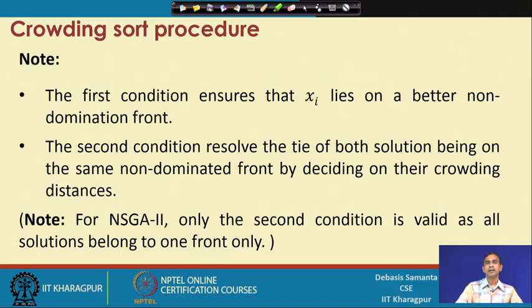Only the second condition needs to be checked. The second condition resolves the tie when both solutions belong to the same front, by means of calculation of their crowding distance. In other words, in NSGA-2 only the second condition is valid, as all solutions belong to only one front.